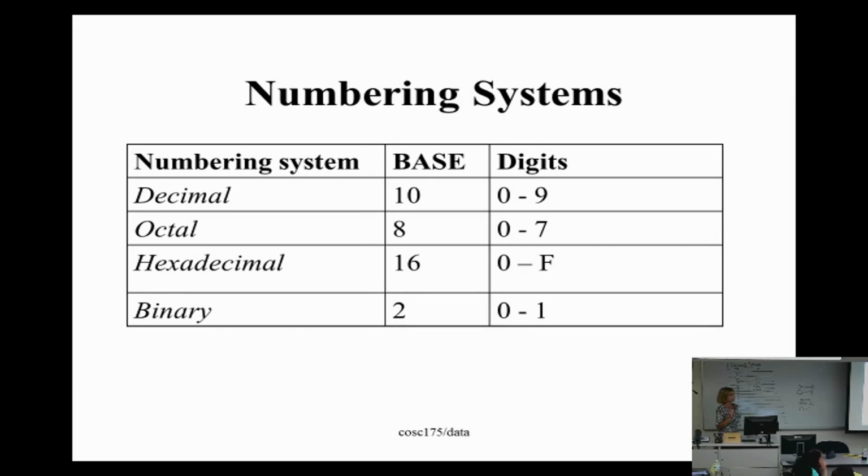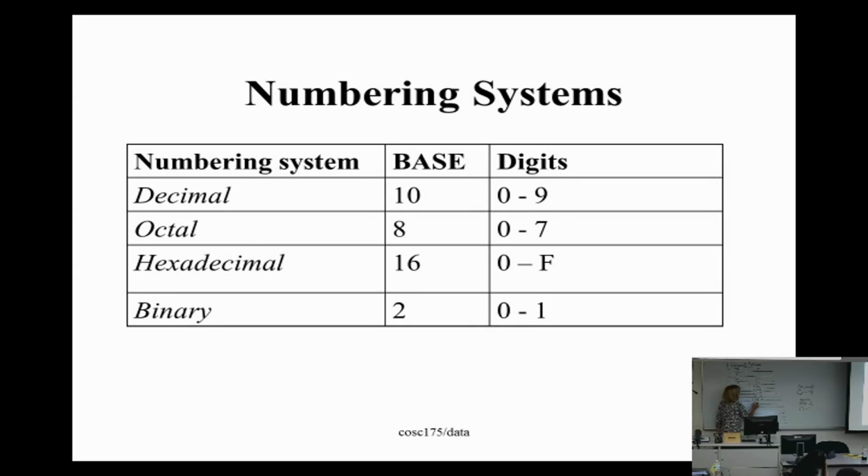Now we're out of digits here, so we go to 110. The next one's easy, I think. Then we're out of digits, so we have to go over to the next. What do you think comes next?